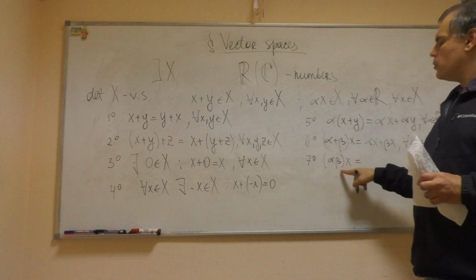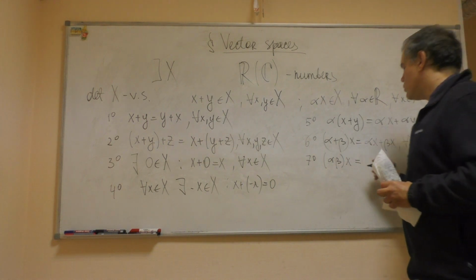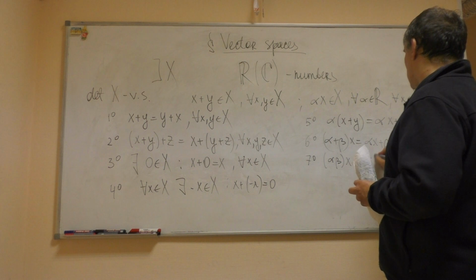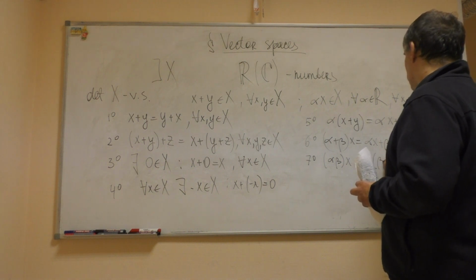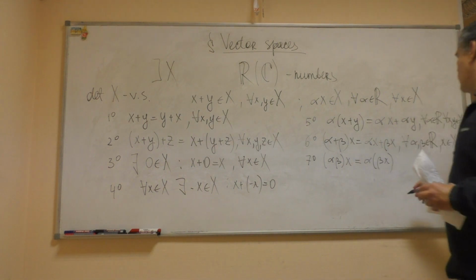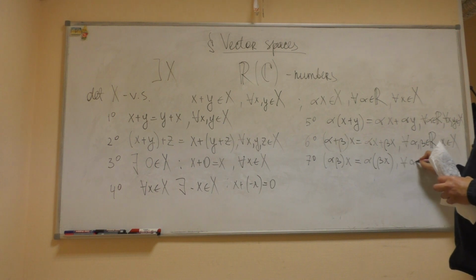The product of alpha and beta multiplied by x is equal to alpha multiplied by beta x. Once again, for each alpha and beta from R.